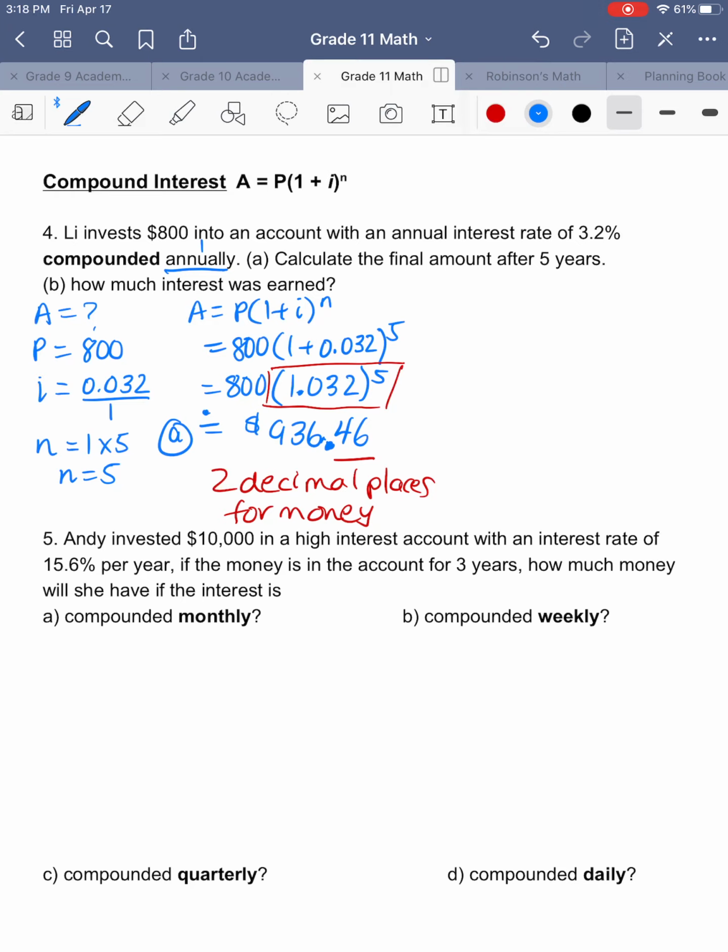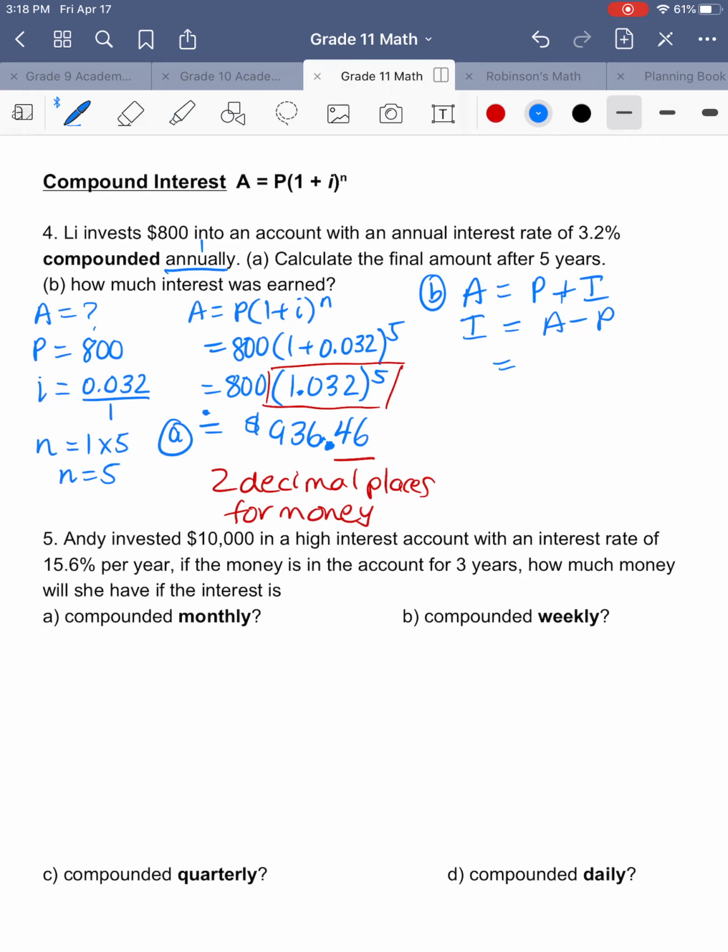Now part B asks how much interest was earned. And we are going to use a variation on our final amount formula. So our final amount formula is A is equal to P plus I. In this case, though, we need to find I, and we have the other 2 components. So we can rearrange this. So we have interest is equal to final amount minus the principal.